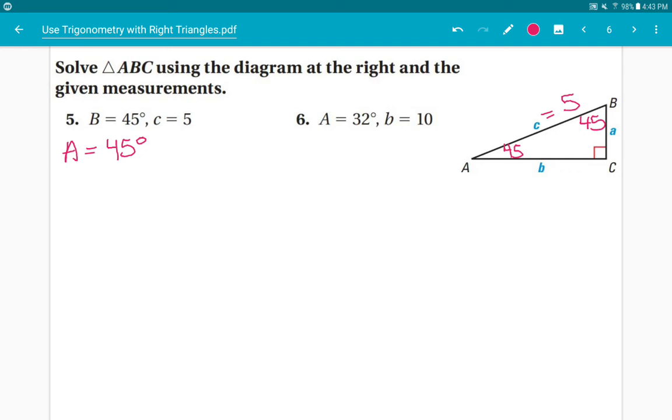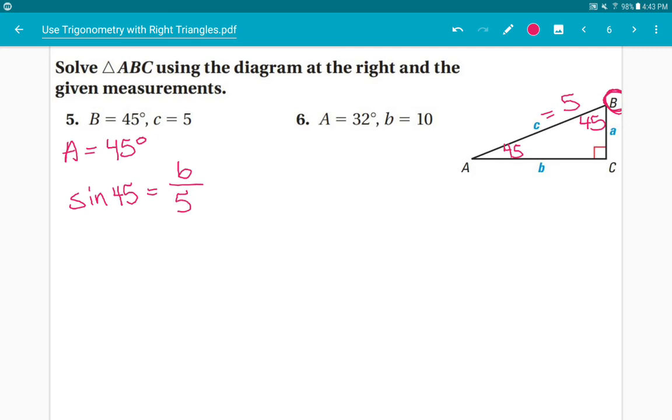Let's say I am using what they gave us up here, so we're going to use angle B. The sine of the angle B, which is 45, is equal to the opposite, little b, over the hypotenuse, which is 5. What is the sine of 45?